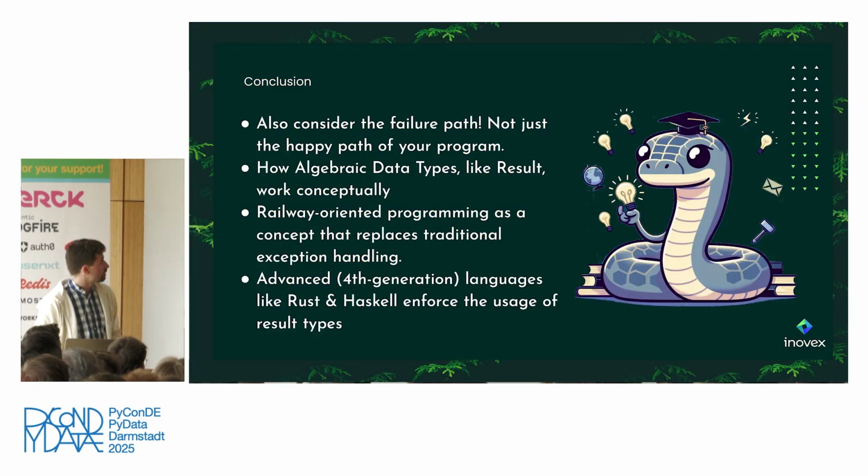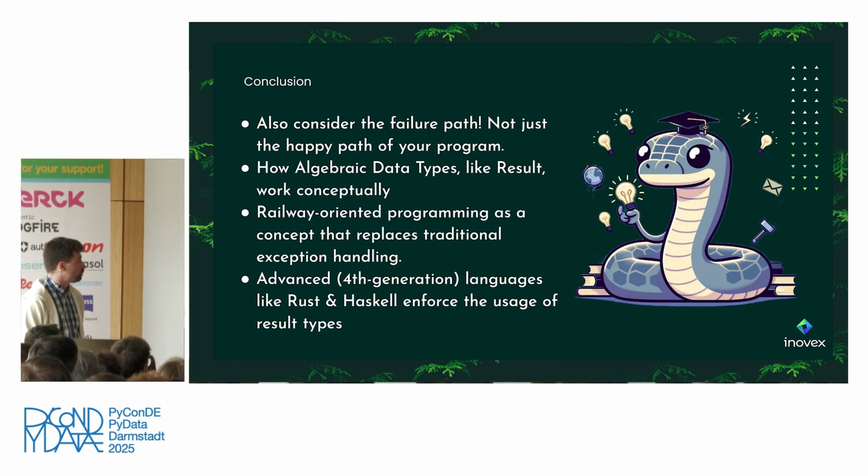So to conclude, I think the most important part is, even if you're not using result types, also consider the failure path if you want to program robust code, right? It's not just a happy path. Be aware of the fact there might be an exception and there might be an error. We have seen algebraic data types like result, how they work conceptually.